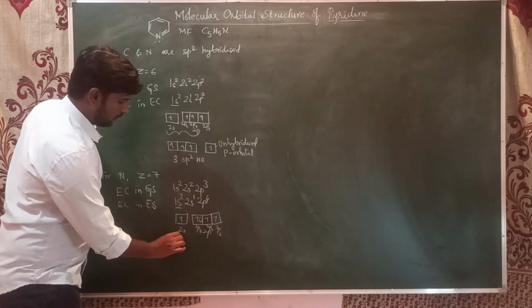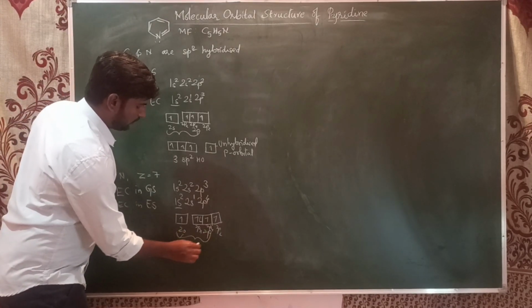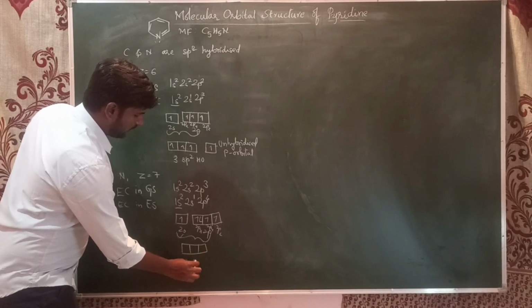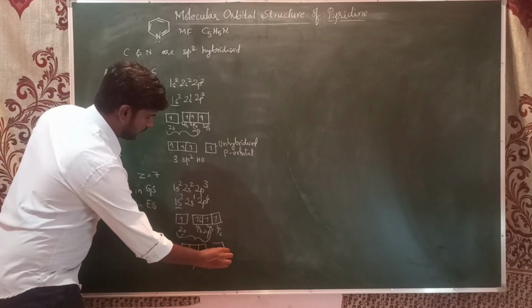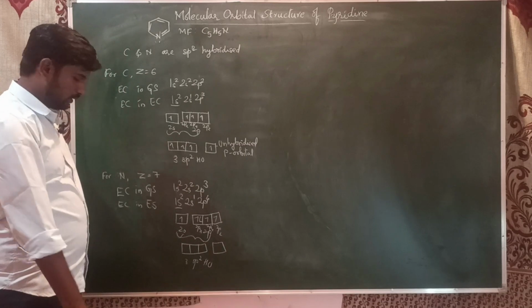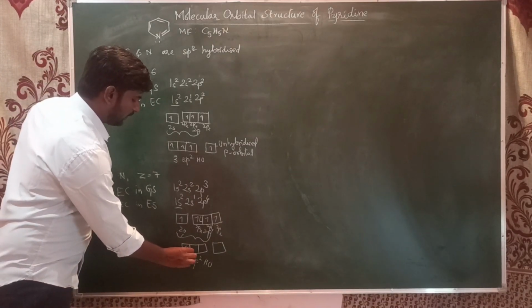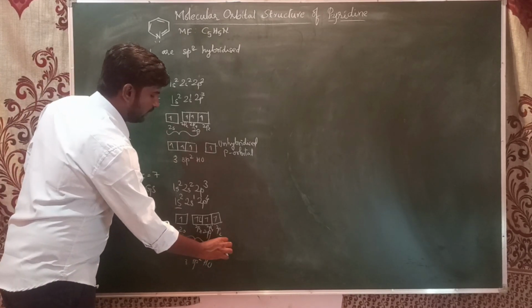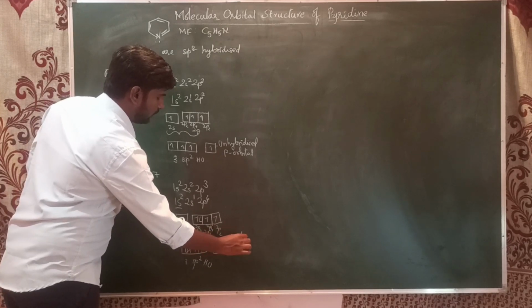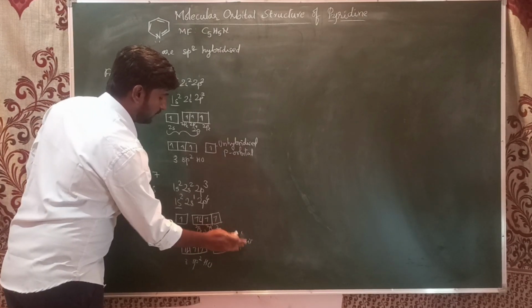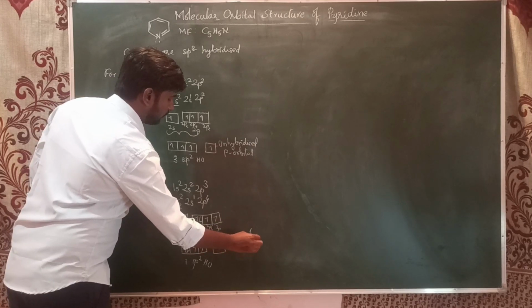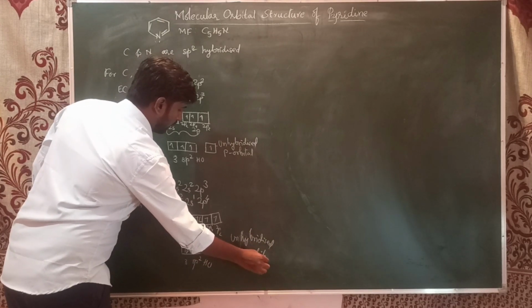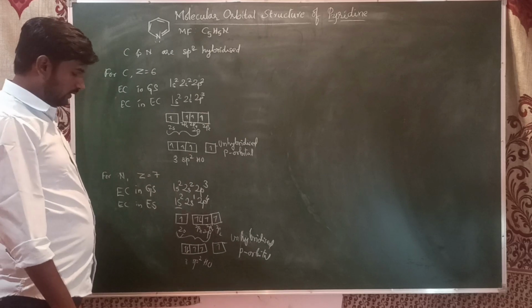The 2s orbital and two of the 2p orbitals form hybrid orbitals. These three are sp2 hybrid orbitals, and this is the unhybridized p orbital. One of the sp2 hybrid orbitals contains a pair of electrons, and the unhybridized p orbital contains an unpaired electron. Why this change?